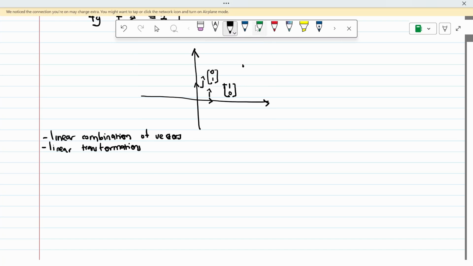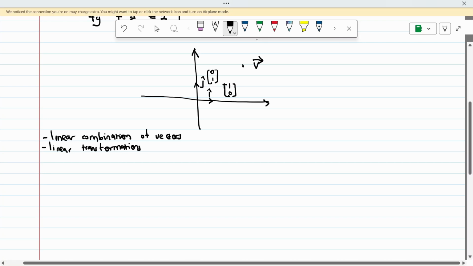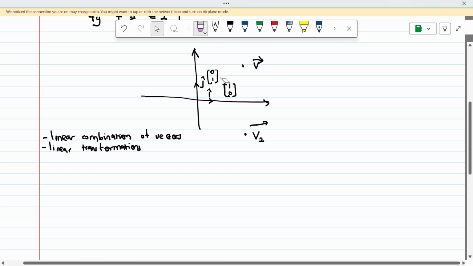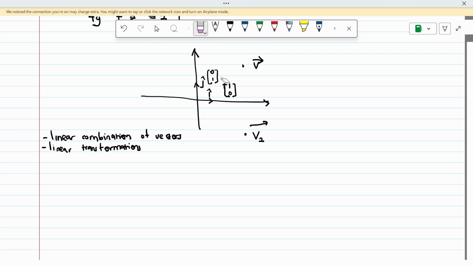And let's say this vector, let's call it our vector v. If this space was transformed and this vector v moved to maybe another position here, v2, we realize that if we know the new positions of i hat and j hat, we can simply perform a linear combination on i hat and j hat using the values of the former vector as scalars to get the new position of v2.